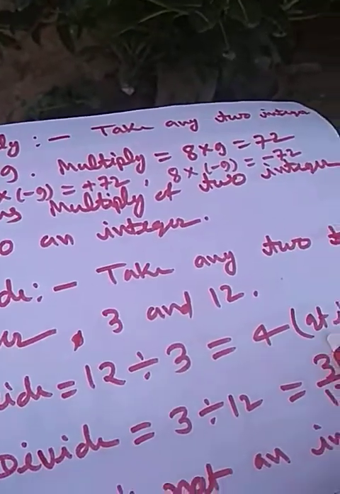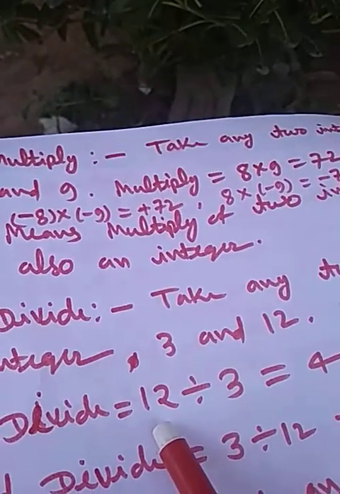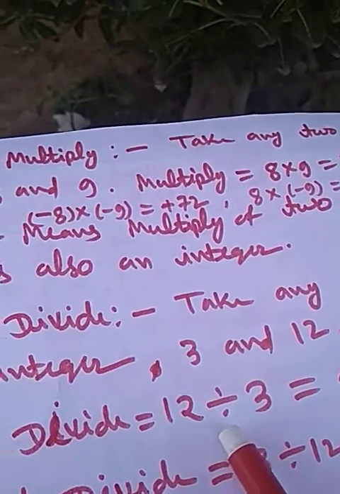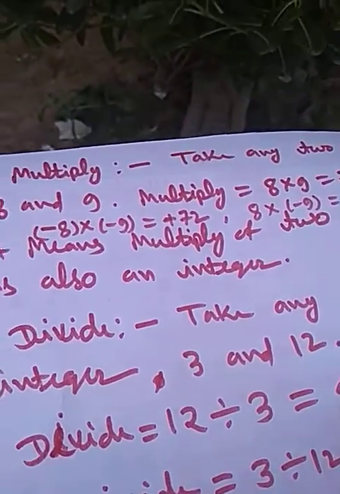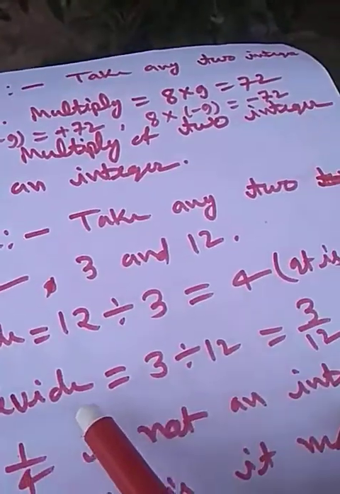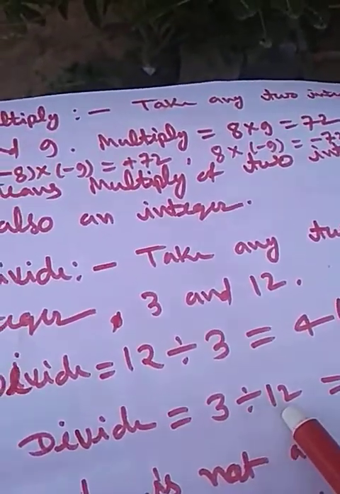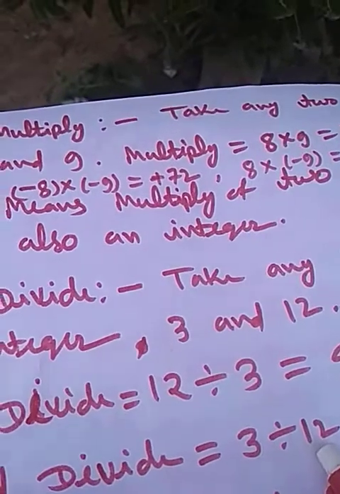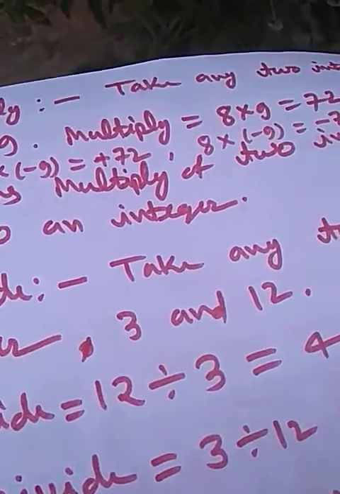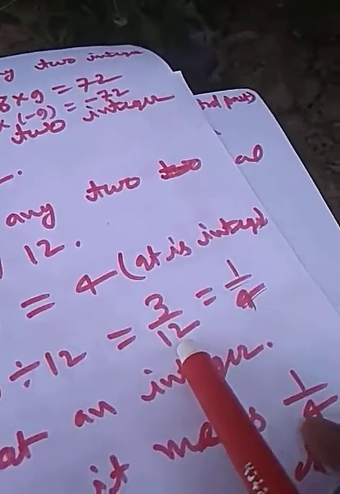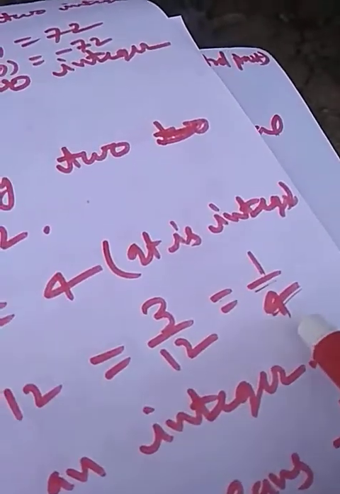It is also an integer. But when we divide 3 divided by 12, means divisor is greater than dividend, then it is equal to 3 by 12, that is equal to 1 by 4.